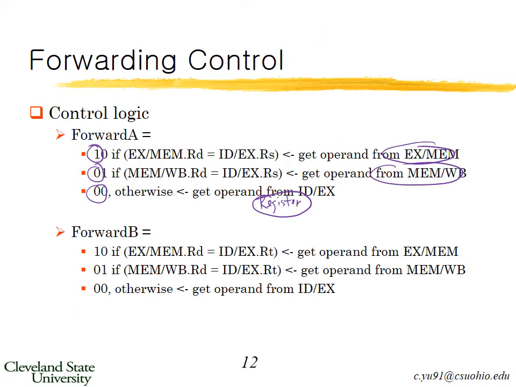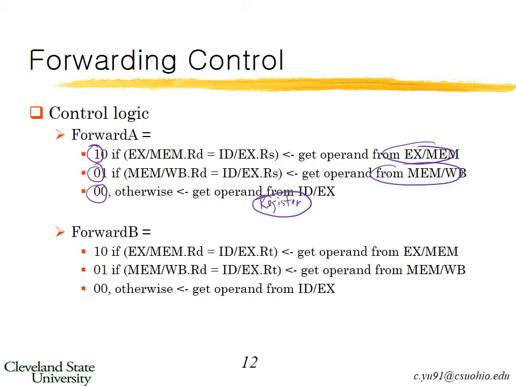So what is inside the combinational circuit of the forwarding unit? As we saw in the previous slide, to select the feedback from the memory stage, the value must be 1, 0. For the write back stage, it is 0, 1.